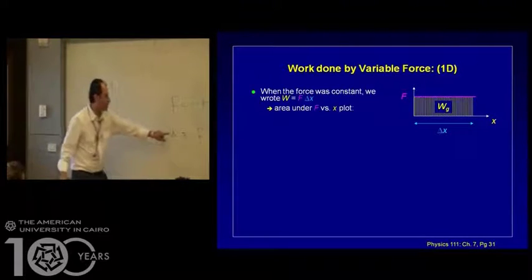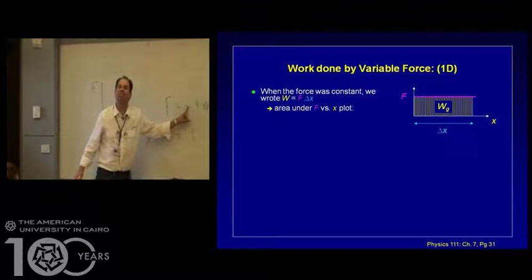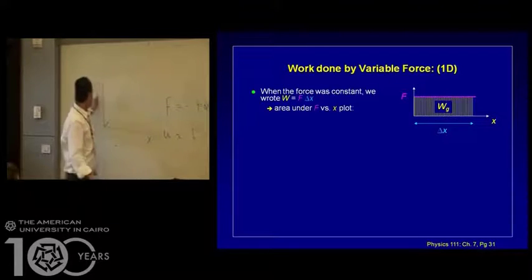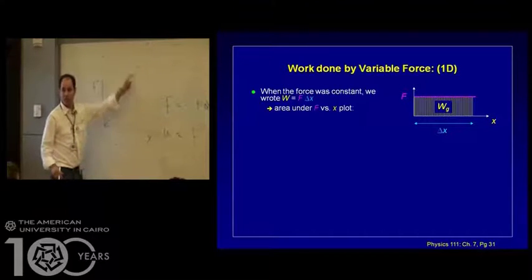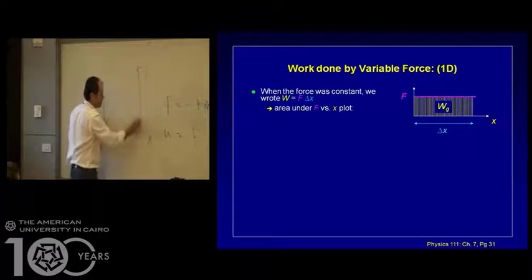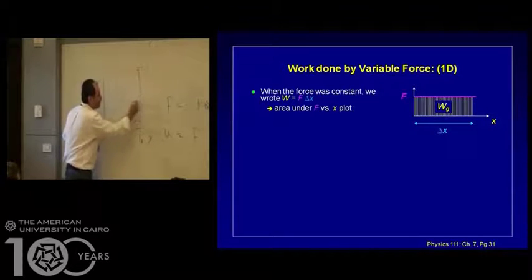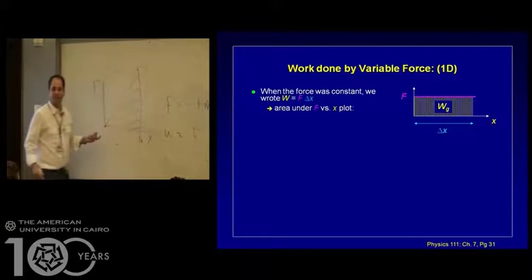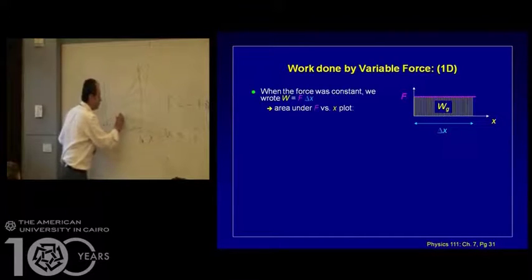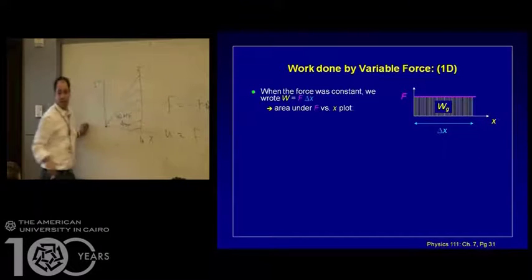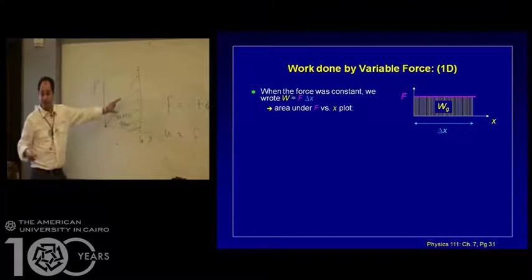Forget the negative sign for now because it means direction only. The magnitude of the force as a function of x, that's what you get. If you want to move it from x equal to 0 to x equal to 10, if you find that area, then this is the work done by the spring.